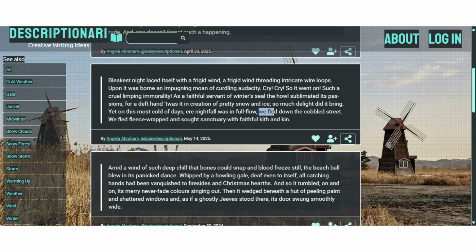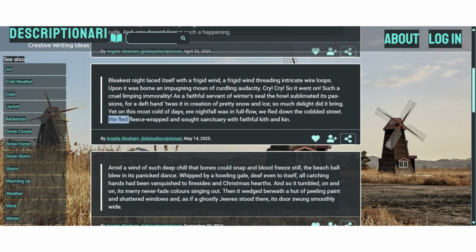So there's a repetition of we fled. It's a bit looser than the other forms of repetition, but it does work. It's close enough for the reader to notice. It exaggerates the idea of fleeing and running away.